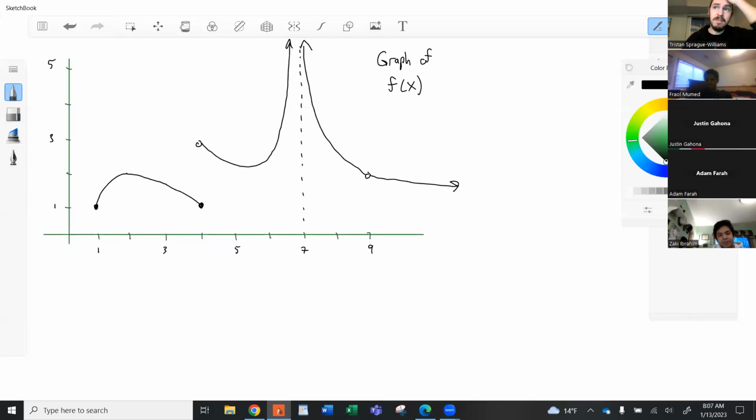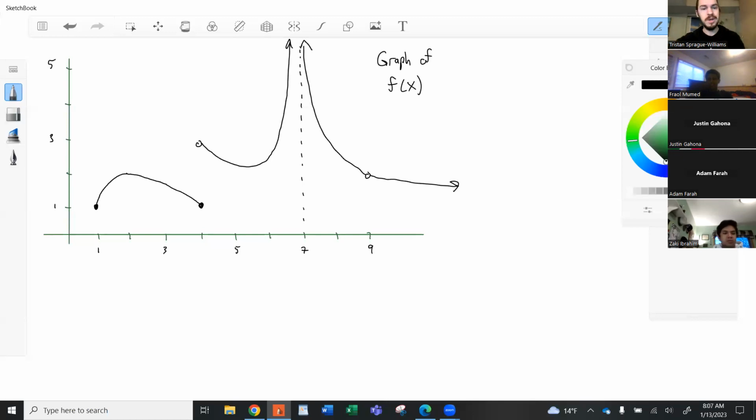You probably only get something that looks vaguely like this through some sort of complicated piecewise definition. Most algebraic functions don't have all of these oddities, right? But the reason I made this graph have all of these different properties is because I wanted a graph that will demonstrate a bunch of different things at once.